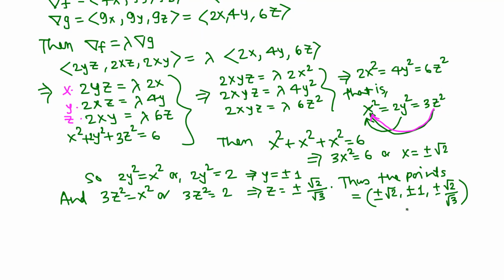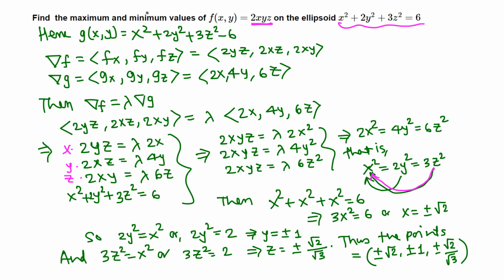So we can take all plus, all minus, this plus minus minus, and so on. There are in fact 8 distinct points here, because plus plus plus, minus minus minus, plus plus minus, plus minus plus, etc. And we have to go back and look at the function here.